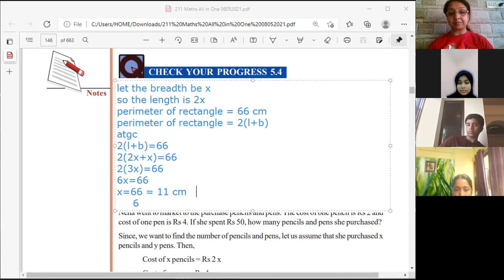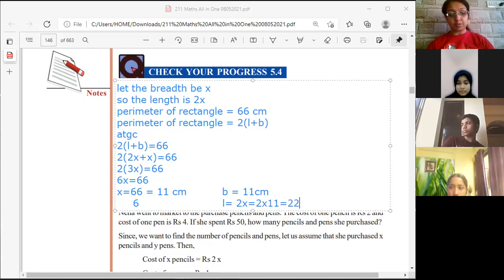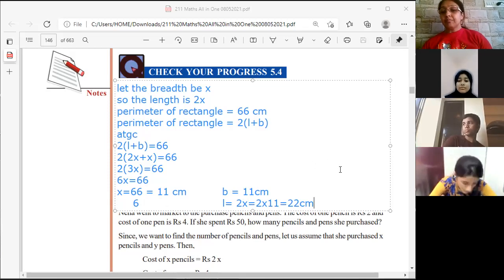X was the breadth. So I will say breadth is equal to 11 centimeters. Length was 2x. So I will write length is equal to 2x, which is equal to 2 multiplied by 11, which is equal to 22 centimeters. Superb.